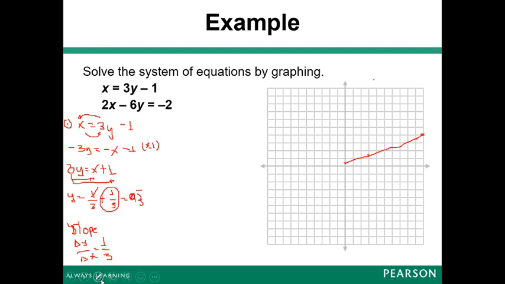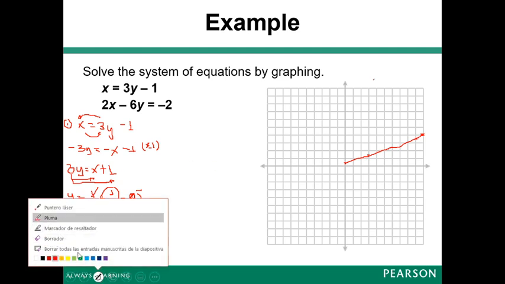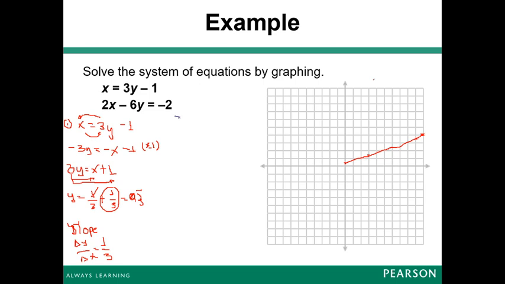Now we continue with the second equation, which I'm going to put in purple. We have to put it again in y terms. I'm going to move this 2x to the other side of the equality and change its sign. So we have now minus 6y is equal minus 2x minus 2.